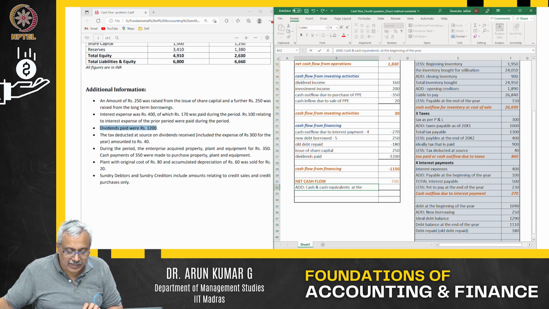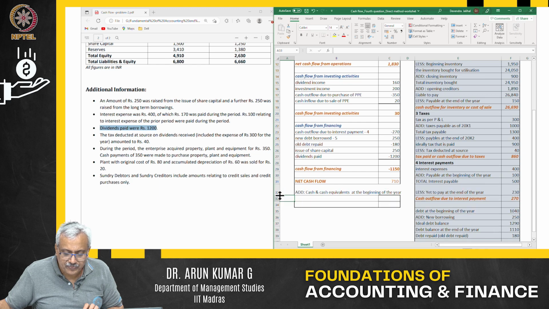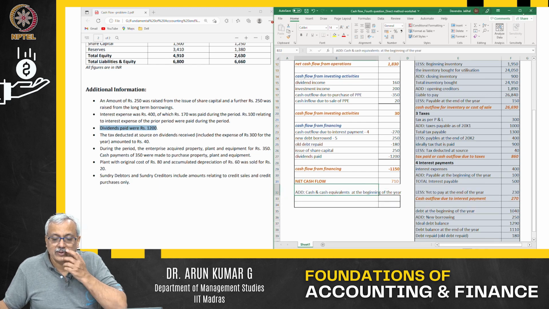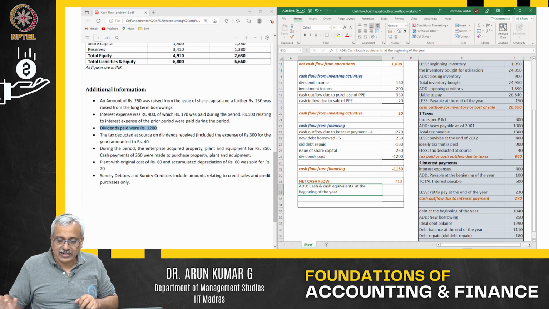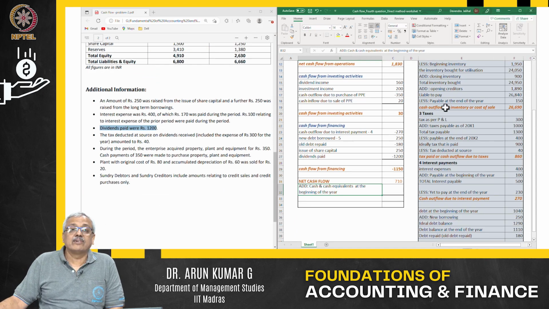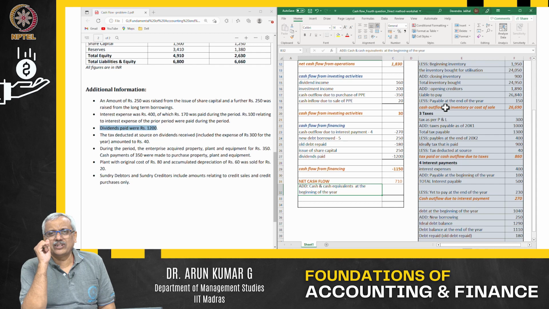Now, sir, what do you mean by cash and cash equivalents? Normally when we say cash, we will say cash and cash equivalents. That means anything which is equivalent to cash, which can be converted to cash very fast.